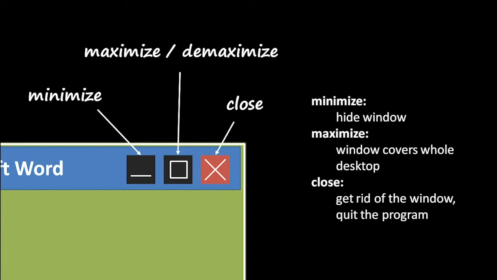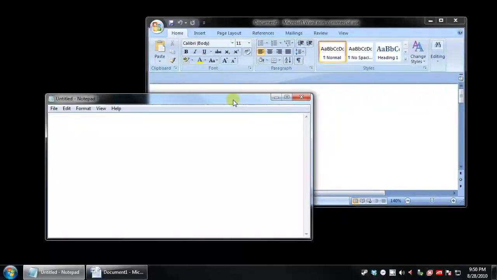The Maximize button puts the window into a special state where it covers the whole desktop area and it's on top of all the other windows. And to get it out of the state so that it's a resizable and movable window again, you have to then click the same middle button to demaximize the window. And finally, to minimize a window means to hide the window such that the only way to get it back, to make it reappear, is to click on its button on the taskbar.